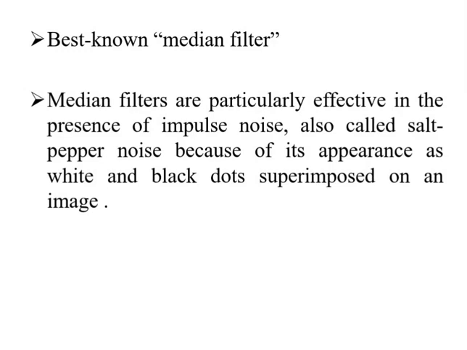Next, Figure A shows an X-ray image of a circuit board heavily corrupted by salt and pepper noise. To illustrate the superiority of median filtering over average filtering in a situation such as this, we show in Figure B the result of processing the noisy image with a 3 by 3 neighborhood averaging mask, and in Figure C the result of using a 3 by 3 median filter.